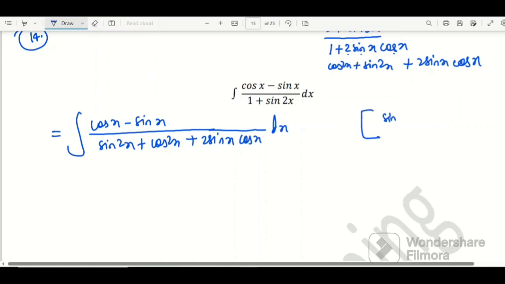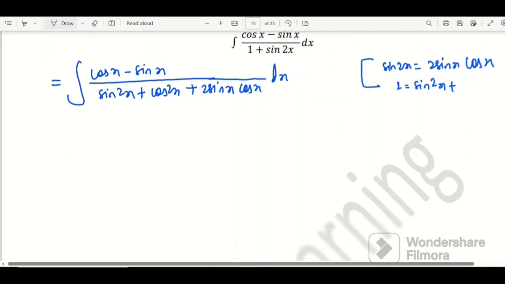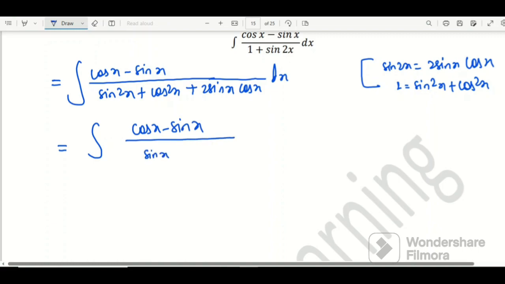We are using sin 2x equal to 2 sin x into cos x, and 1 equal to sin square x plus cos square x. So now the denominator is sin x plus cos x whole square, that is a plus b whole square equal to a square plus b square plus 2ab, dx.